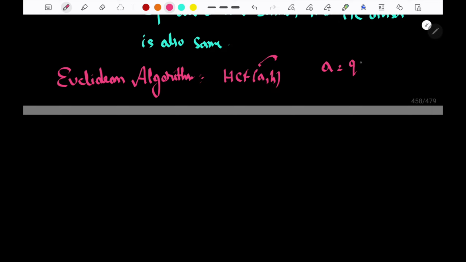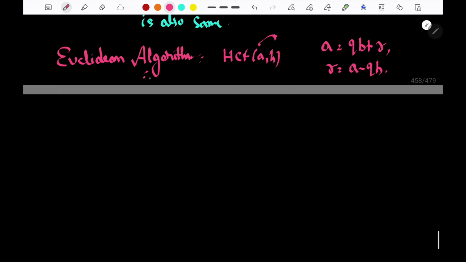If A is equal to QB plus R, then R was A minus QB. Therefore, HCF of A comma B, we were writing as HCF of A minus QB comma B, and that is equal to HCF of the remainder comma B. That is what we were finding out.